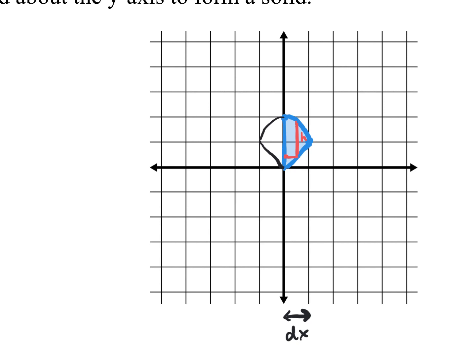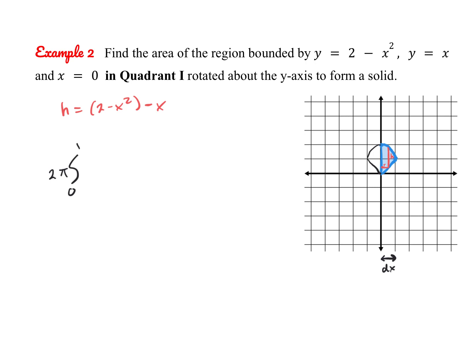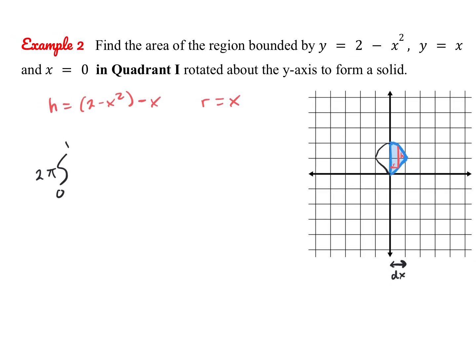So that means our radius is simply x, because I need to define this radius in terms of x. So r is x. You'll see that for these types of problems, if you're rotating about one of your axes, your radius is either going to be x or y depending on the orientation of your rectangles. So we have 2 pi times r times h, 2 minus x squared minus x dx.